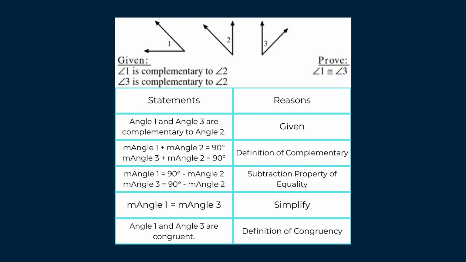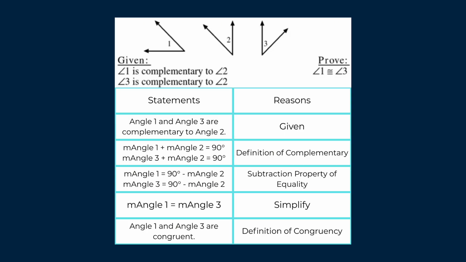That's the definition of complementary angles. Then we can use the subtraction property of equality to move the measure of angle 2 onto the right side. And if you can see here, both equations are the same except for the left side. The right side of both equations are the same.